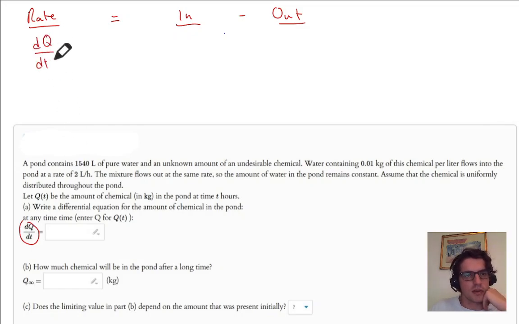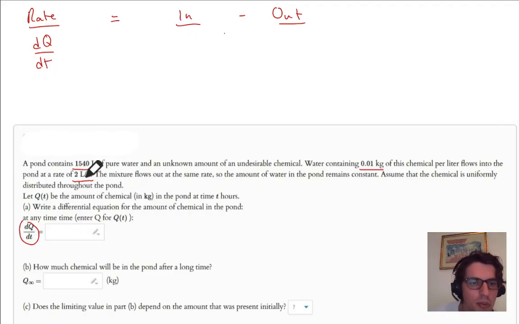Let me actually read the problem before getting into it. So we have 1,540 liters of pure water in a pond, not a tank, and an unknown amount of an undesirable chemical. Water containing 0.01 kilograms of this chemical per liter flows into the pond at a rate of this. Okay, that is our in rate.